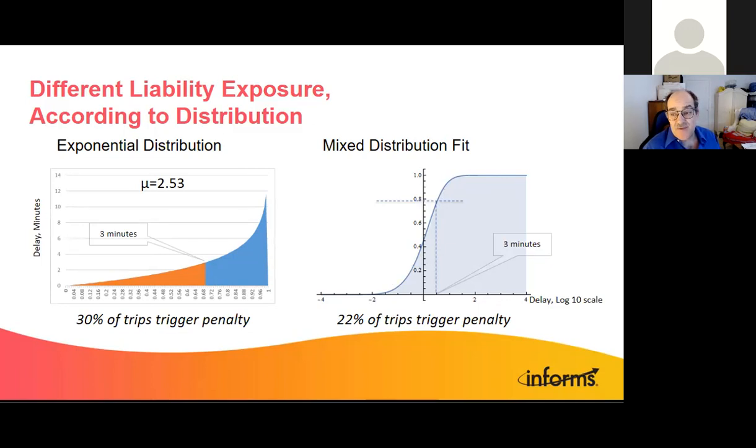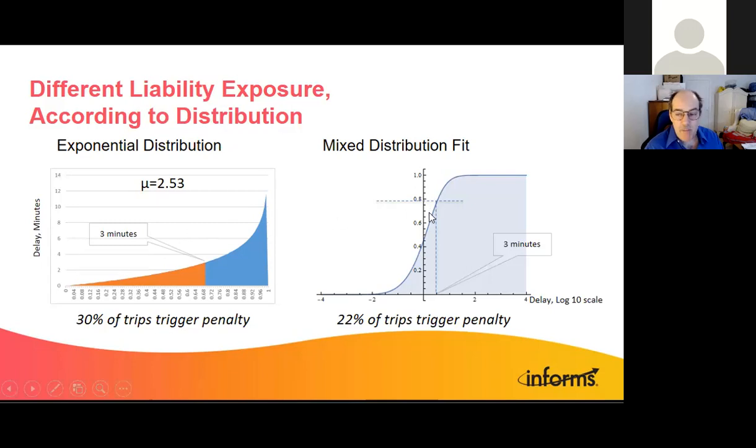So that's a pretty big difference when we're talking about millions of kroner. We're talking about thousands of passengers, millions of kroner, and the expense of transacting all of those compensations, all of those payments. 30% and 22%, depending on how you want to measure it, is basically 25% less under this distribution than under this distribution.